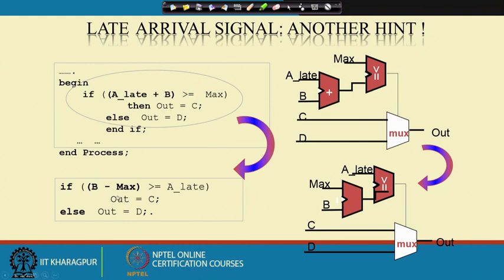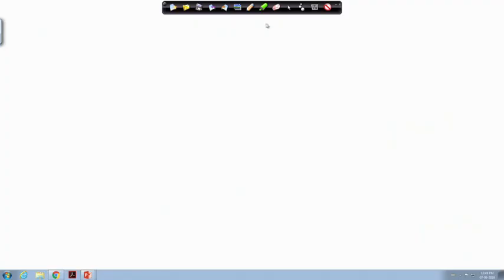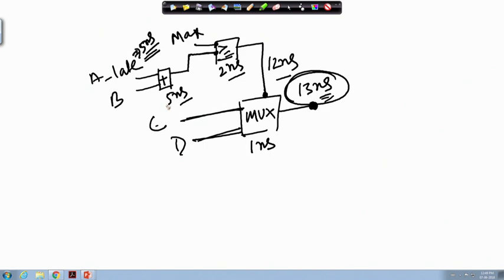So, now what is happening? For that, what do I need? B minus max first, then that has to be checked with this A_late, and that particular select signal will choose C or D. Okay. Now, if I go back to the slide here, I have just changed the logic.